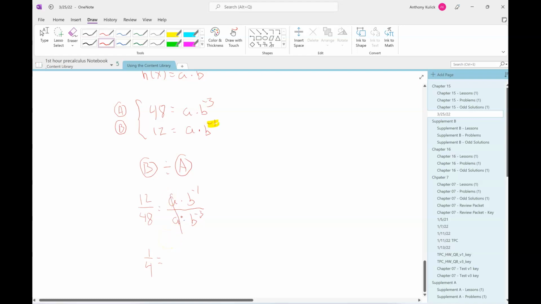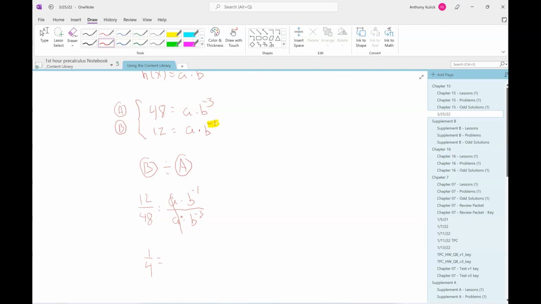Everybody see that? And then how do I divide exponentials like this? If I have b to the negative 1 divided by b to the negative 3, do you guys remember how we divide exponentials? Well, let's rephrase. If I have x squared times x to the third, what do I get?